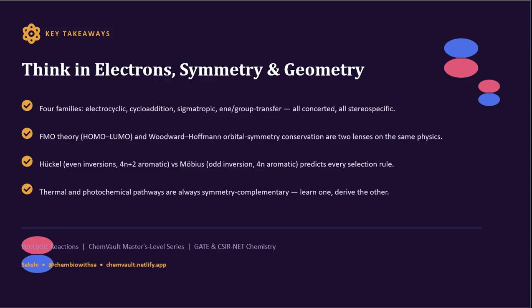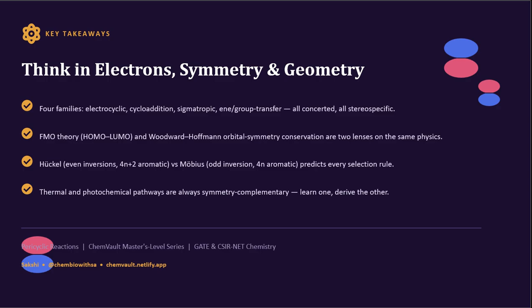FMO theory, working with HOMO-LUMO interaction, and the Woodward-Hoffmann conservation of orbital symmetry are really 2 different lenses looking at the exact same underlying physics. 3. The Huckel-Mobius aromatic transition state method: even phase inversions mean Huckel, aromatic with 4n plus 2; odd phase inversions mean Mobius, aromatic with 4n.